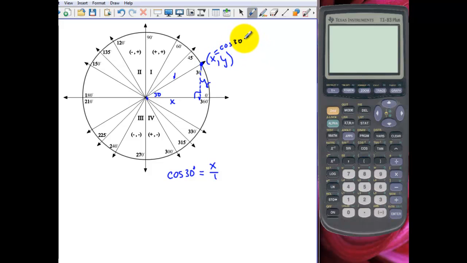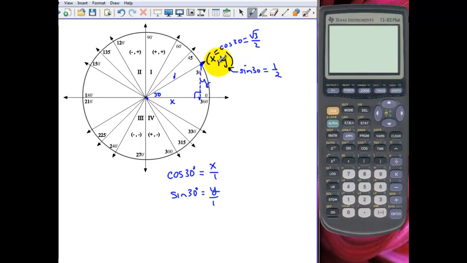And we know from our special right triangles that that has the value of radical 3 over 2. Our y value is opposite, so we know the sine of 30 degrees is y over our hypotenuse. So this is the sine of 30 degrees, and we know that that has a value of 1/2.